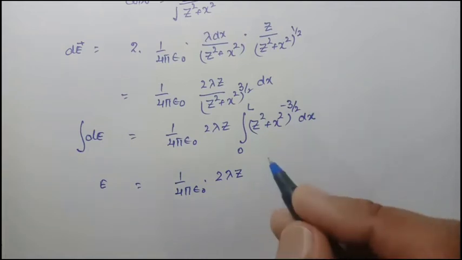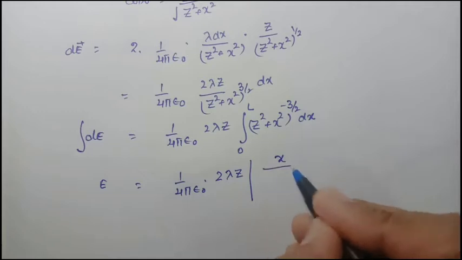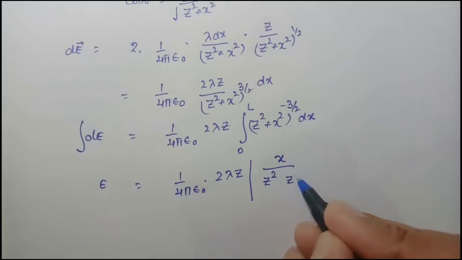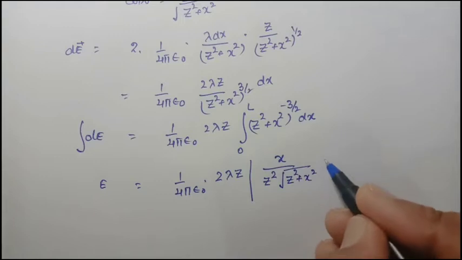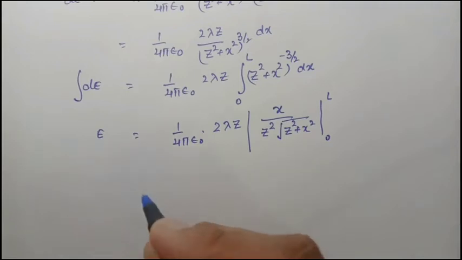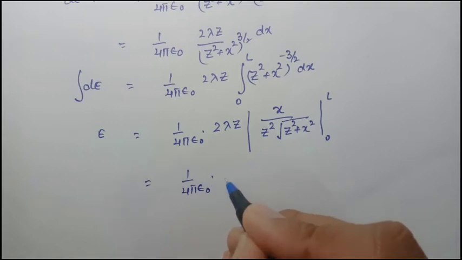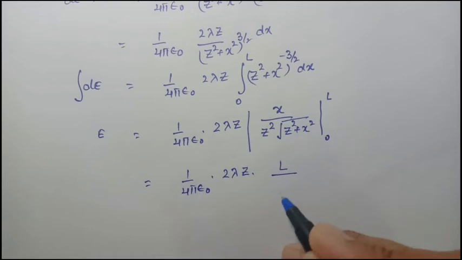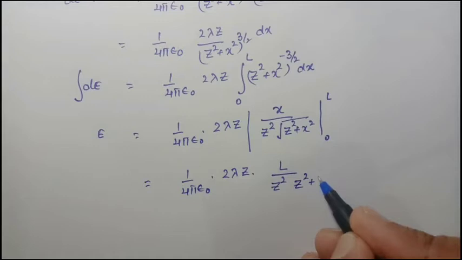When we solve this integration, we get x over z square times the square root of z square plus x square, with limits from 0 to L. Or we can write 1 over 4 pi epsilon naught into 2 lambda z into L over z square into the square root of z square plus L square.